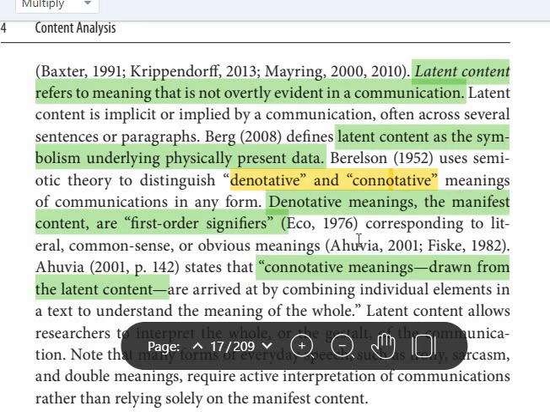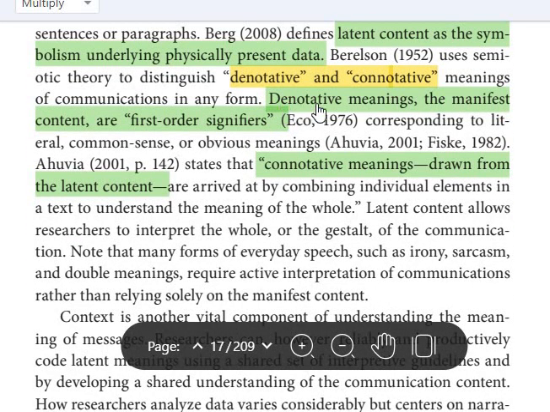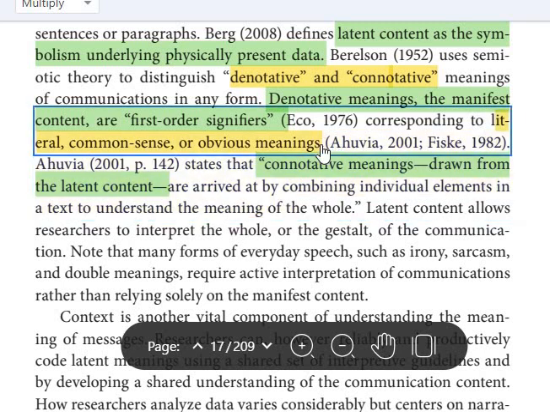Let's move on. Here it explains the thing that we've previously said. Denotative meanings, the manifest content, are first order signifiers, corresponding to literal, common sense, or obvious meanings. So the denotative meaning is literal, something obvious and clear to you. However, the connotative meanings are drawn from the latent content, which you understand through the implied meaning of the sentence.